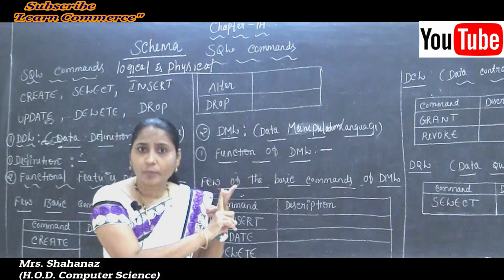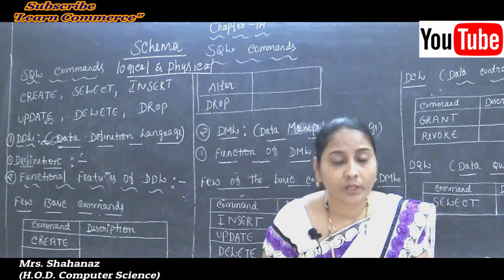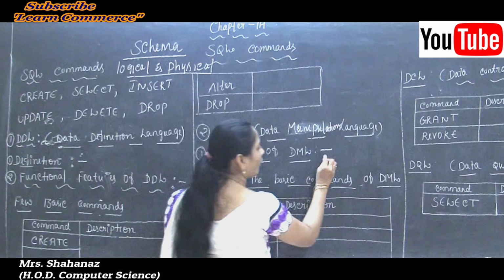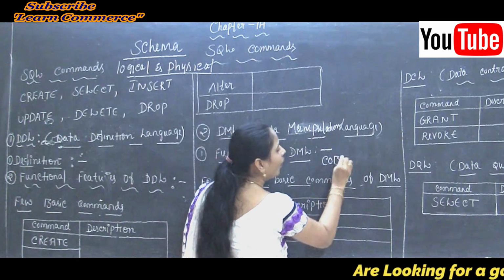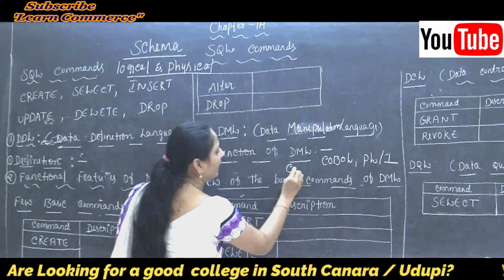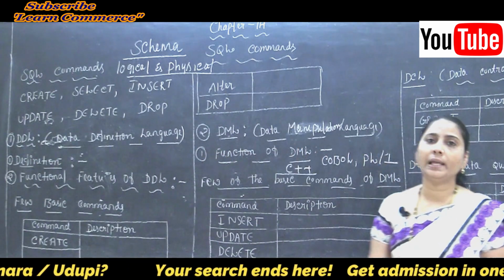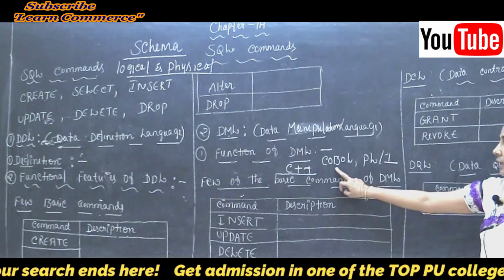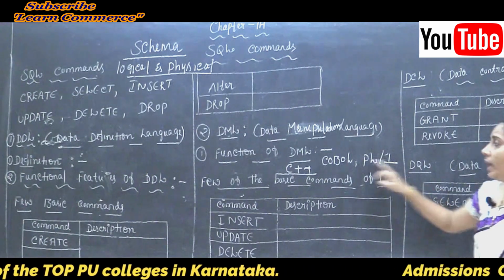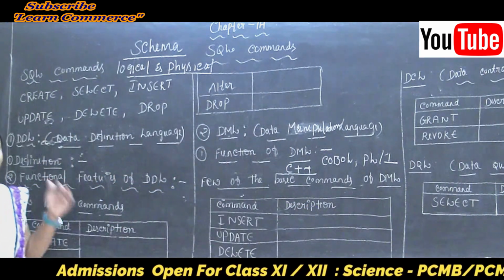Such a DML language is independent of the programming language and also supports several high level programming languages: the first is COBOL, the second is PL1, and the third is C++. COBOL is the common business oriented language, PL1 is procedural language 1, and also C++. All are supporting languages of the DML.